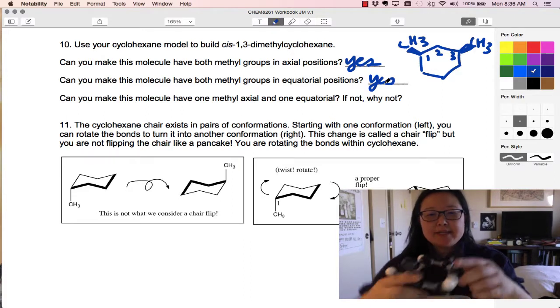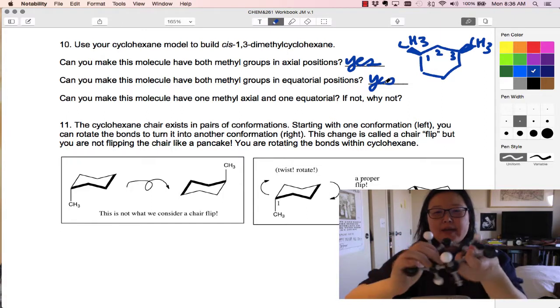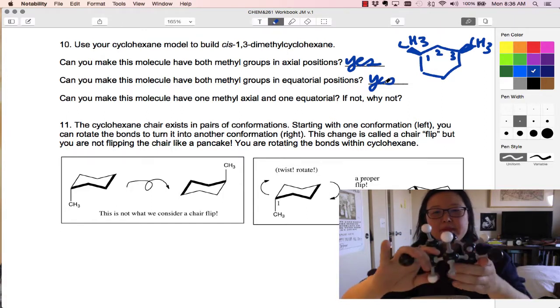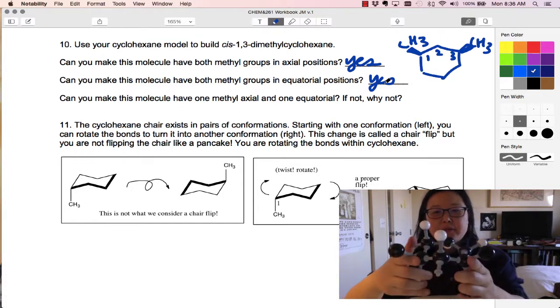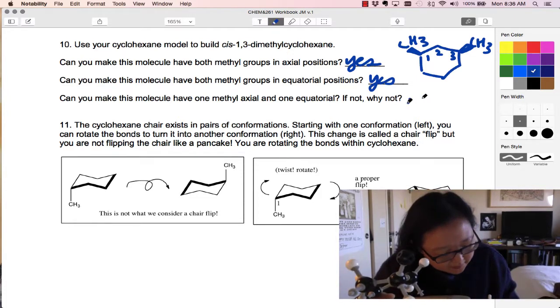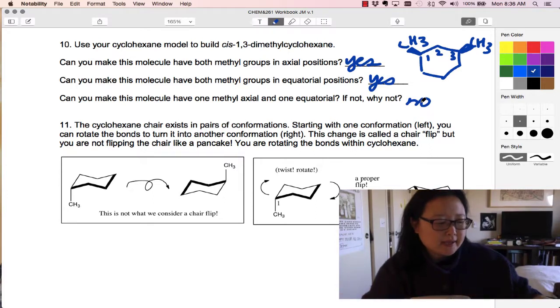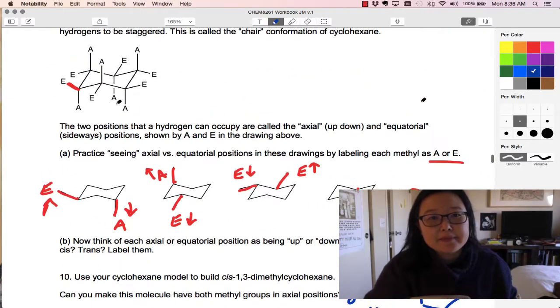If I try to maintain that, they can either be this way or they have to be this way. So they have to either be both axial or both equatorial. So if I made one of these, let's use our template to see this more clearly.